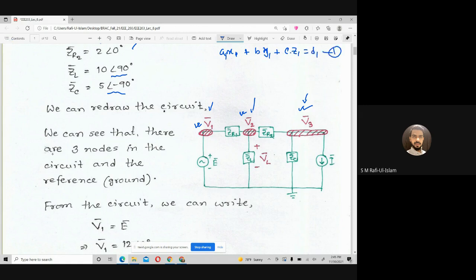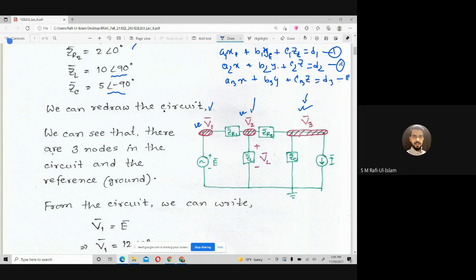This is equation 1. Then a2 x plus b2 y plus c2 z equal to d2. This is another equation. Then a3 x plus b3 y plus c3 z equal to d3.